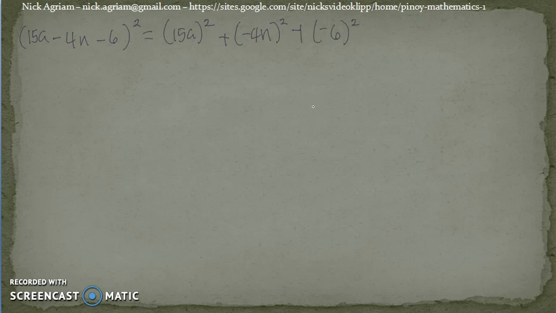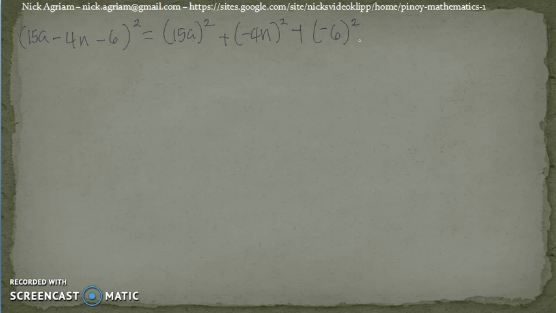Okay, I will pick up one. We have (15a minus 4n minus 6) squared. Then we have the square of the first term, 15a squared, the square of the second term, negative 4n squared, added by the square of the last term, negative 6 squared.